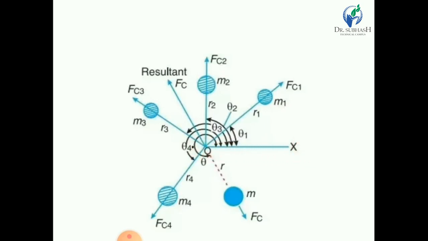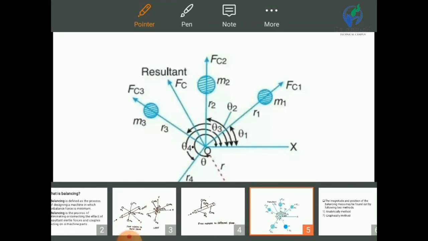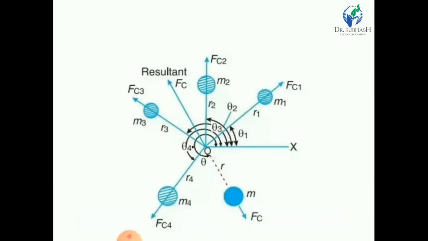Now let us consider four masses of magnitude M1, M2, M3 and M4 rotating at distances R1, R2, R3 and R4 from the shaft as shown in the figure. These masses make angles theta 1, theta 2, theta 3 and theta 4 with the horizontal line OX.